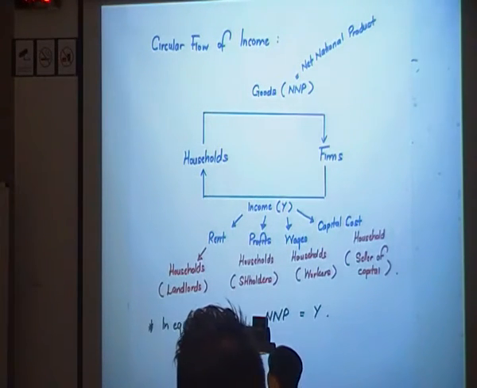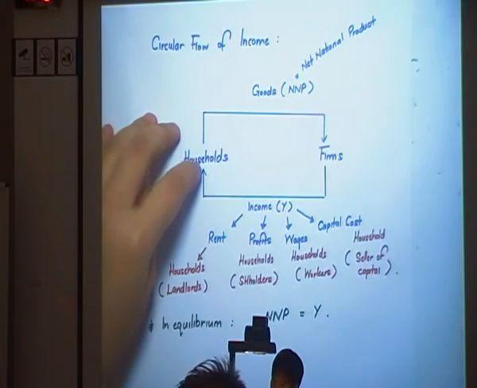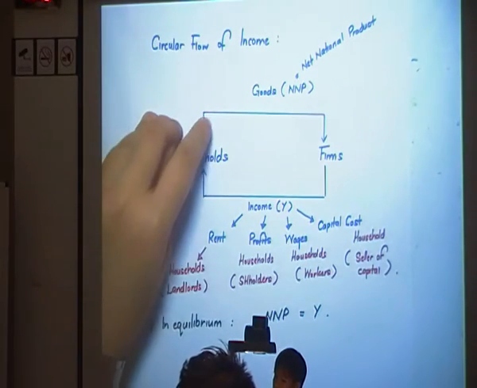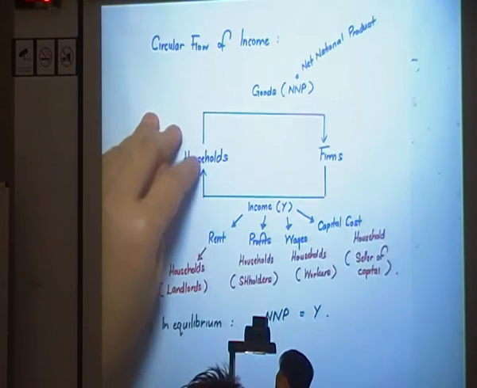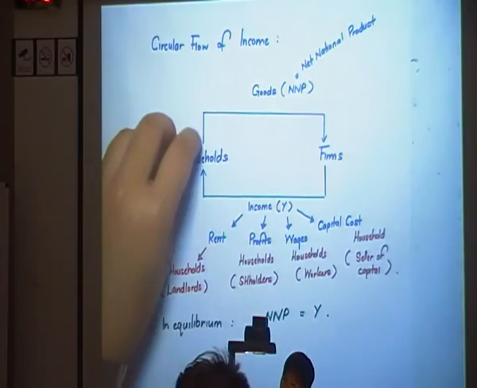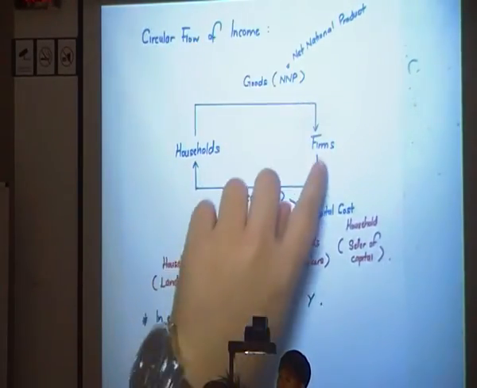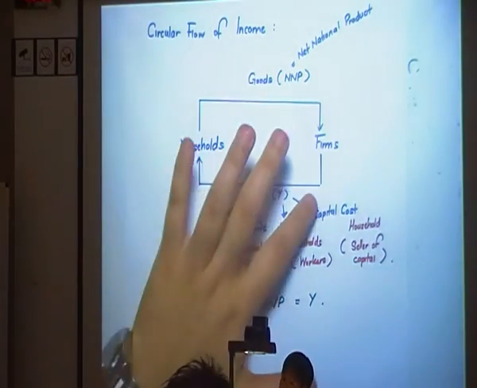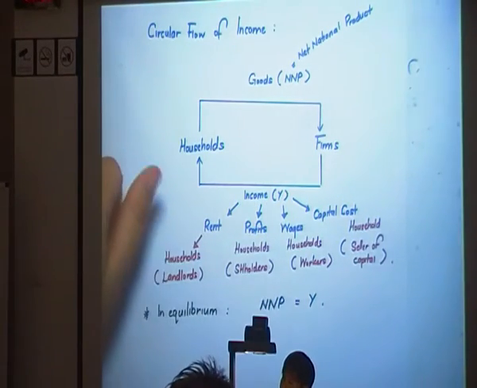Based on the circular flow of income, you look at a household, you look at the firms. What they would be producing is the goods and services, which is your NNP, the net national product. So for the households, you notice, they will help the firms to produce the goods, and the firms will give them income. How? They will give a capital cost if the household is the seller of the capital.